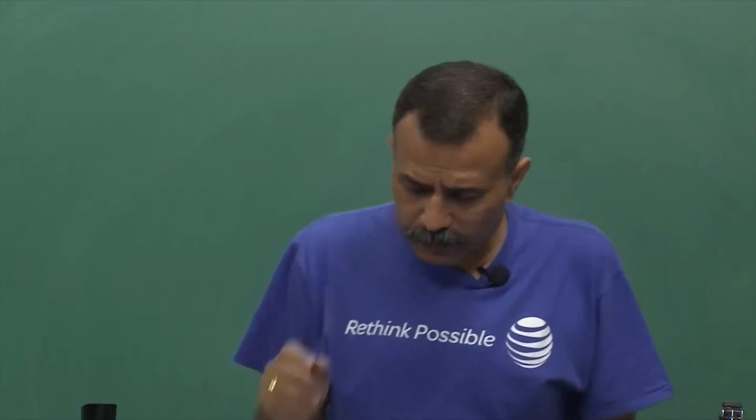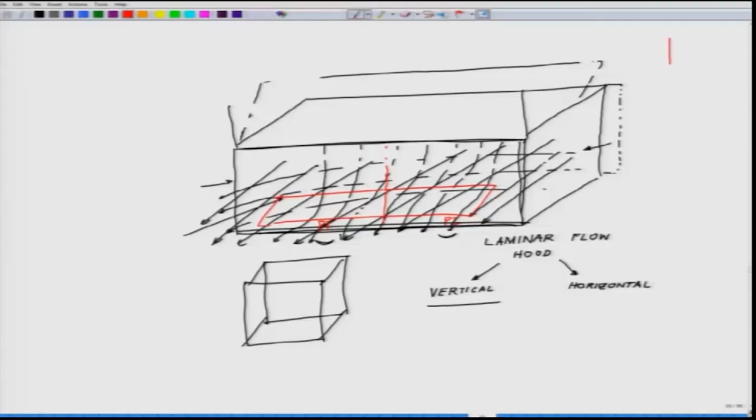Having said this, you realize that you will be needing these laminar flow hoods, and you should be careful about 2-3 parameters. First, the size or dimension. It may sound a very trivial point, but it is directly related to your door height.